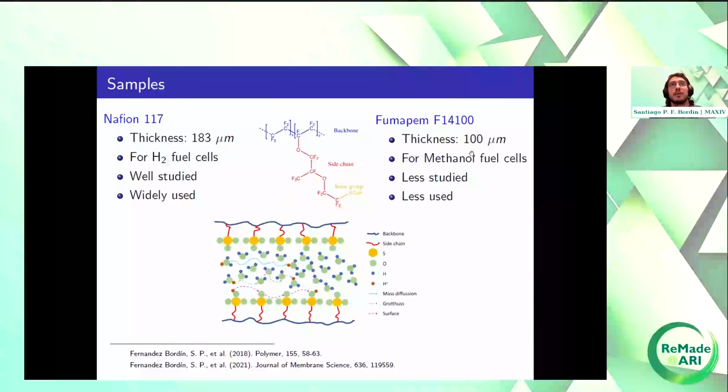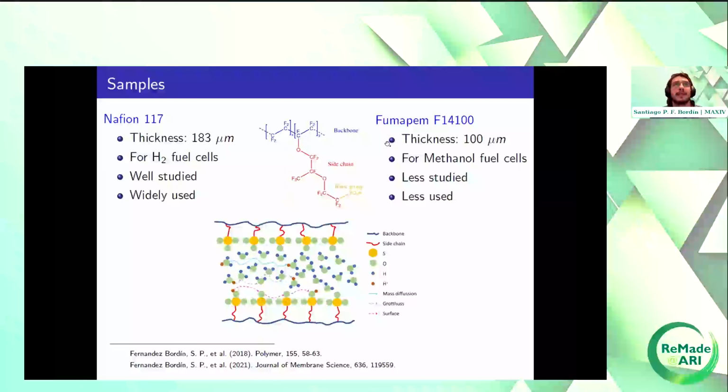And then we also worked with the Fumapem F-14100 membrane, produced by another company, Fumatech. This membrane is less studied and less used, but it's more useful for fuel cells that use methanol as a fuel.